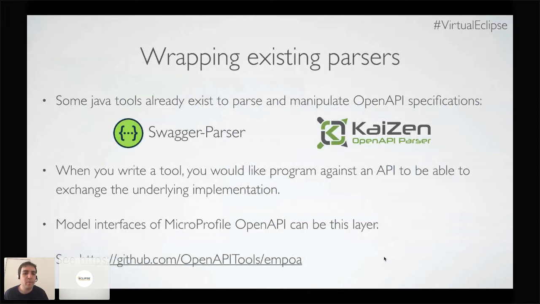But when you write a tool, in my opinion, you would prefer programming against the API that is somehow standard, in order to be able to change the underlying parser implementation. So maybe somebody else will come with a next parser that is better than another one. And if, as a tool writer, you use the API, then you will be able to exchange the implementation. And if you use the Swagger parser and the Swagger core model directly, this is no longer possible.